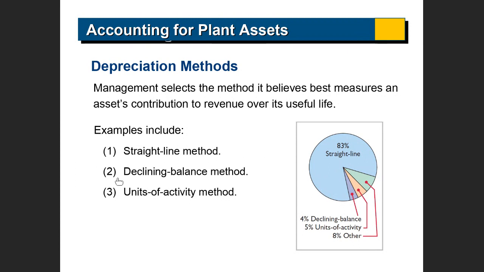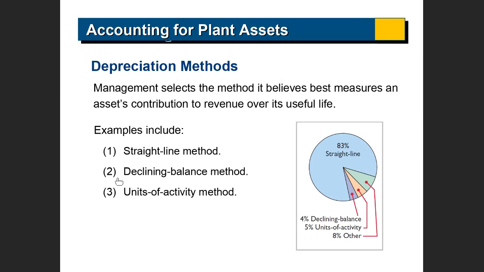Declining balance allows you to depreciate more in the first few years, and the depreciation reduces as you use the equipment. So the idea is that the production capability of the equipment is not going to be the same during the first year and the fifth year.